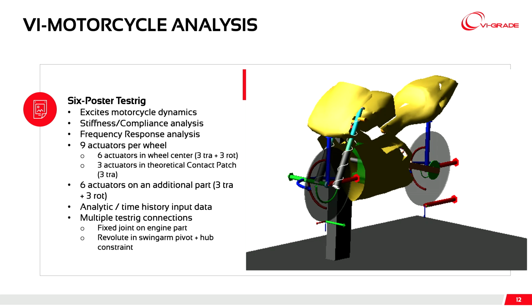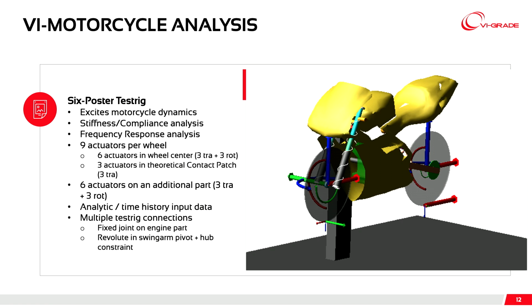Increasing, this is the last test rig, a 6-poster test rig that allows to excite completely the dynamics of the suspension, because it relies on 9 actuators per wheel, so you have 6 actuators in the wheel center, 3 rotation and 3 translation actuators, and 3 in the theoretical contact patch, both for front and for rear.